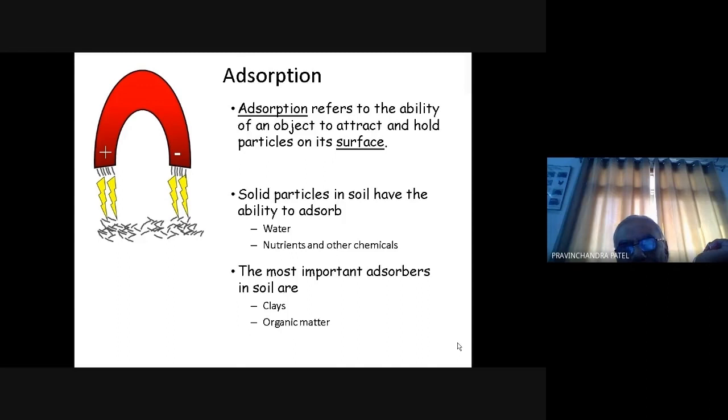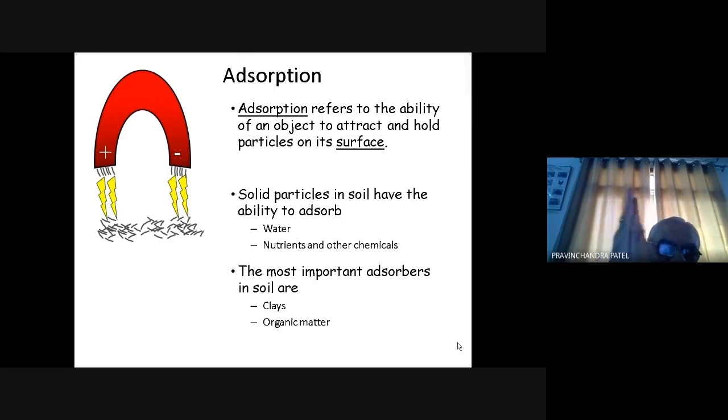So solid particles in soil have the ability to adsorb. So soil particles adsorb water, nutrients, other chemicals. The most important adsorbers in soil are clays and organic matter.